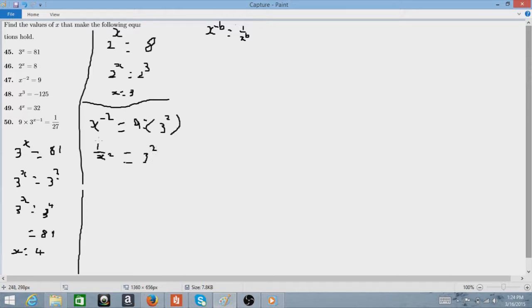Now we want to get it in the fraction form. So you will get 1 over x squared is equal to 1 over 3 to the minus 2. All we did here was upturn, and we add the minus sign to the power.